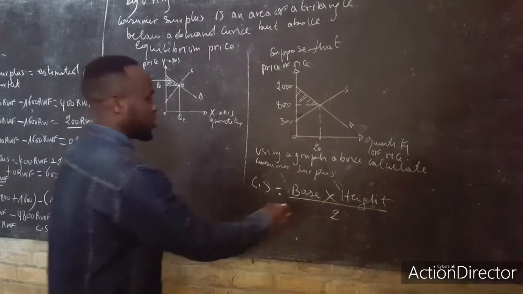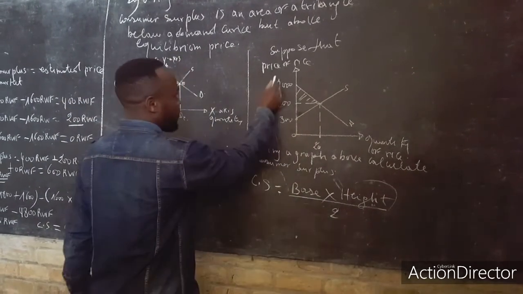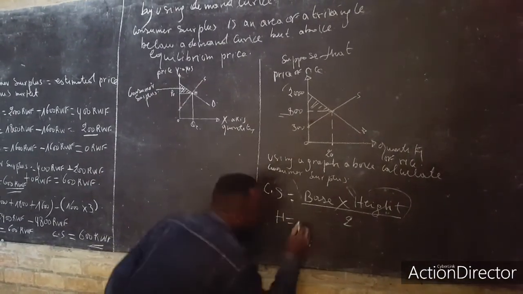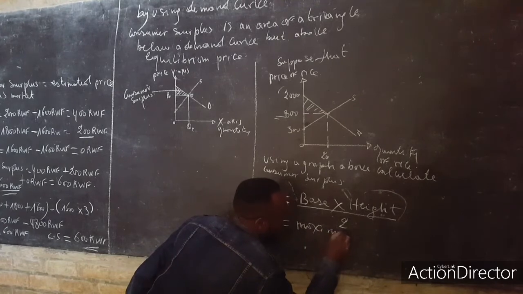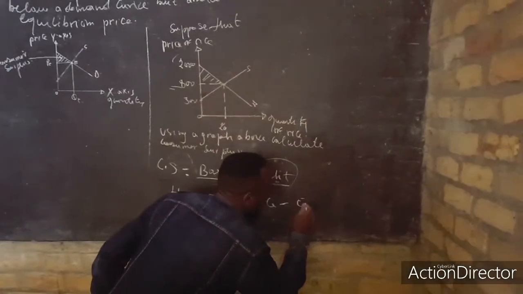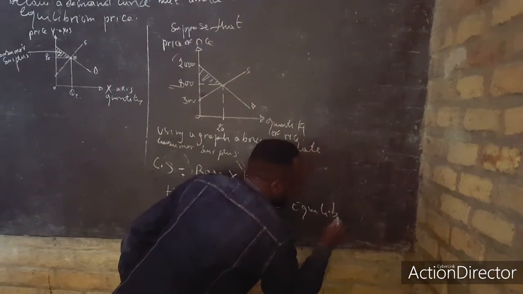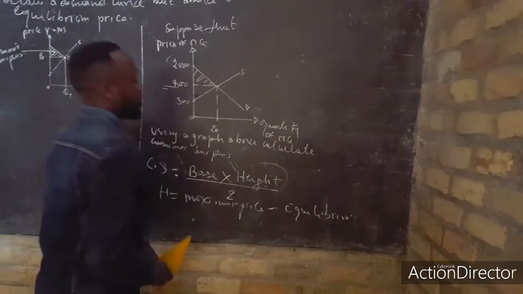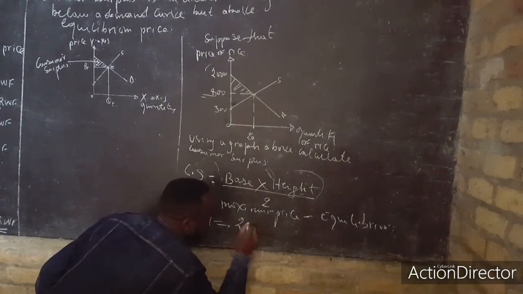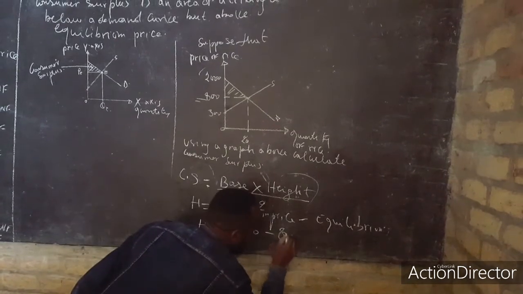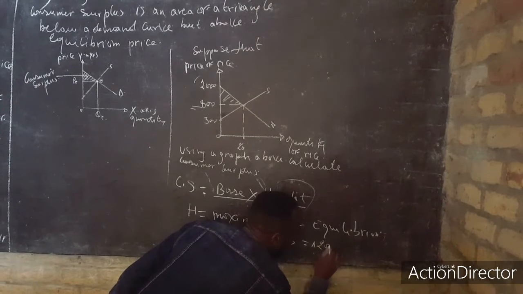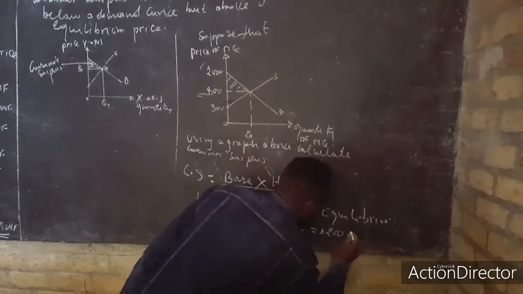First of all, we have to find the height. We have the maximum price and equilibrium price. The height is equal to maximum price minus equilibrium price. Here, height is equal to 2,000 minus 800 is equal to 1,200 francs.